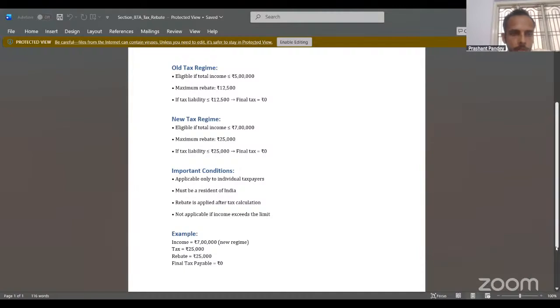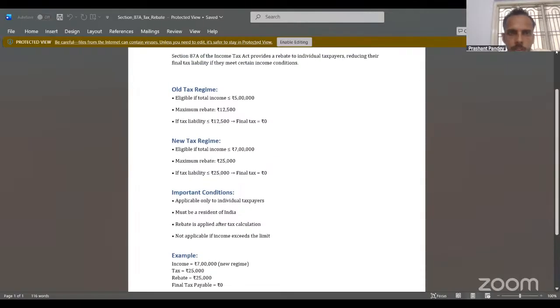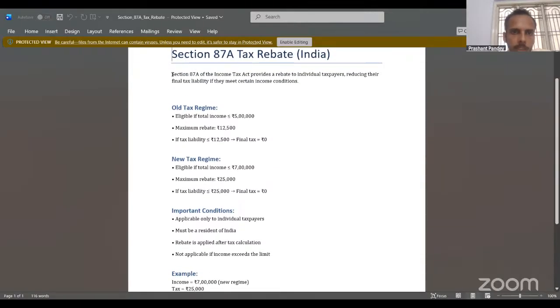So which section provides this? Tax rebates are under section 87A. These are certain sections that you have to mug up, the sections you need to remember. Section 87A talks about the tax rebates.